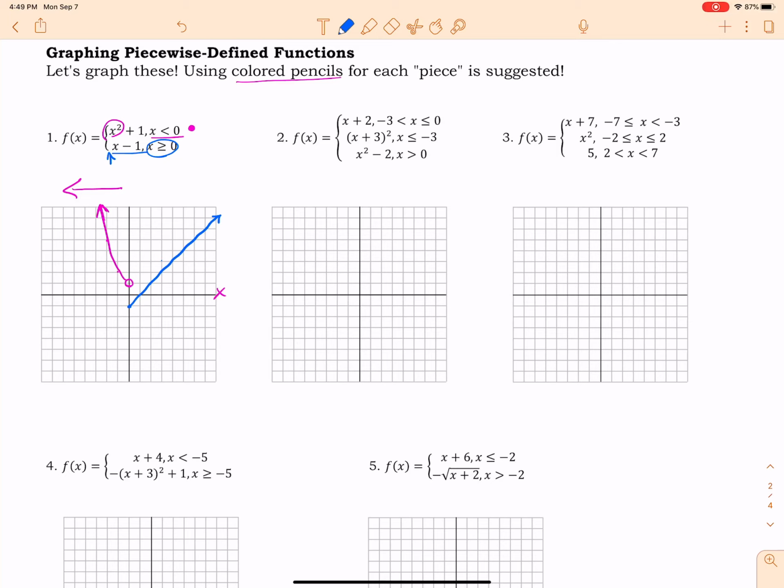So the next one, we have x plus 2. So again, that is a line that goes through +2 and has a slope of 1. So it would look like this. Got a little bit offline there, but that's okay. All right, so this one is restricted.